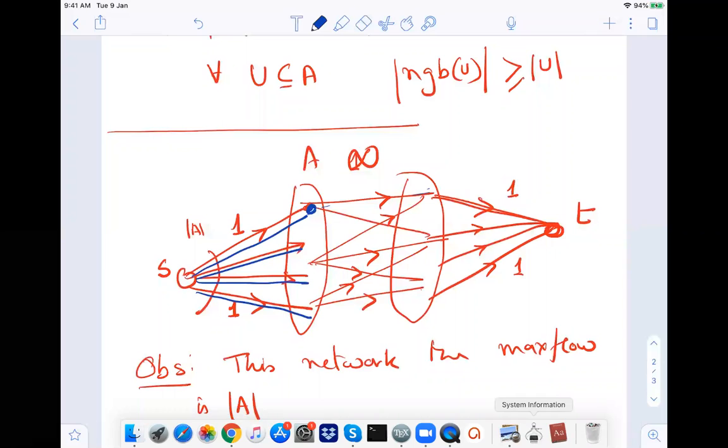Because every time you find an augmenting path in G or in G prime, that flow is incremented by an integer amount. So the total flow on each edge is an integer. So what does it mean? It doesn't mean that there is no max flow where there is fractional flow going through a particular edge. All it says is that there exists a max flow where every edge has integer flow.